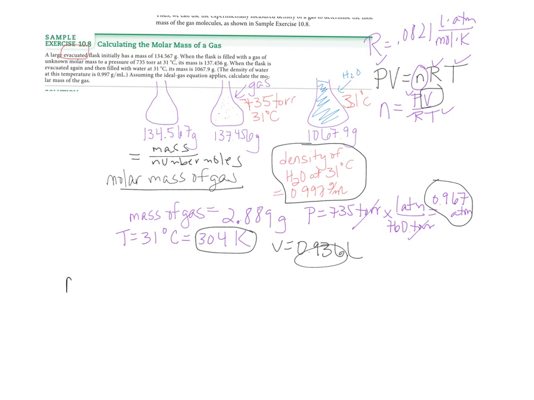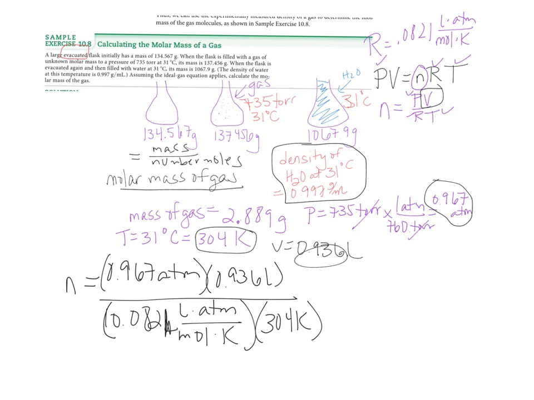N equals PV over RT. So 0.967 atmospheres, then I had to put in volume, which was 0.936 liters, over R, 0.0821 liters atmospheres over mole Kelvin, and my temperature is 304 K.